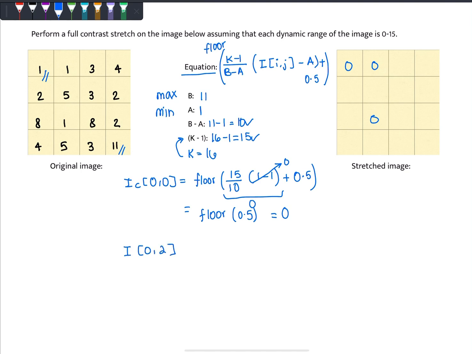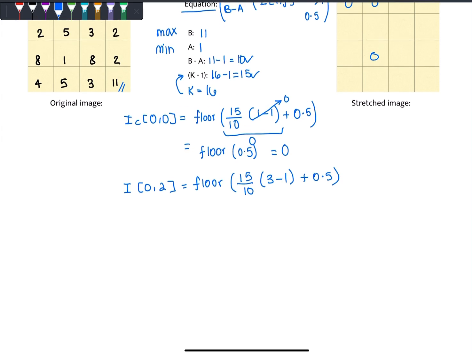Now, let's take a look at the third pixel over here, which is at location 0, 2. Again, we're going to do the floor of k minus 1, which is 15, divided by b minus a, which is 10. In here, we have intensity at ij, so that's going to be 3. Subtract that by a, which will be 1. Add 0.5 to that, and then take the floor. So what do we get here?